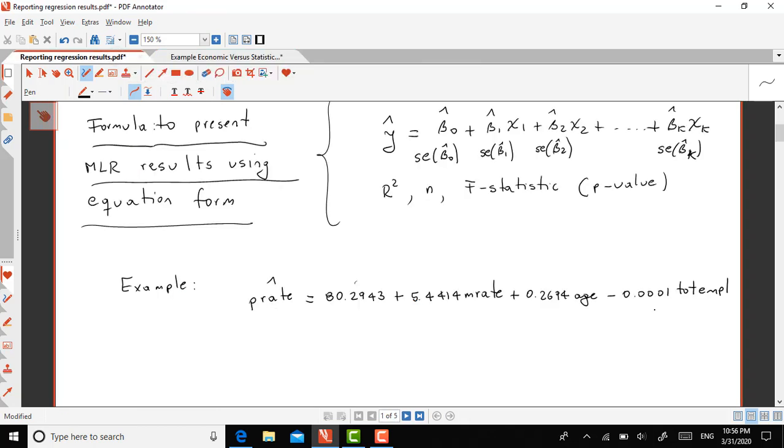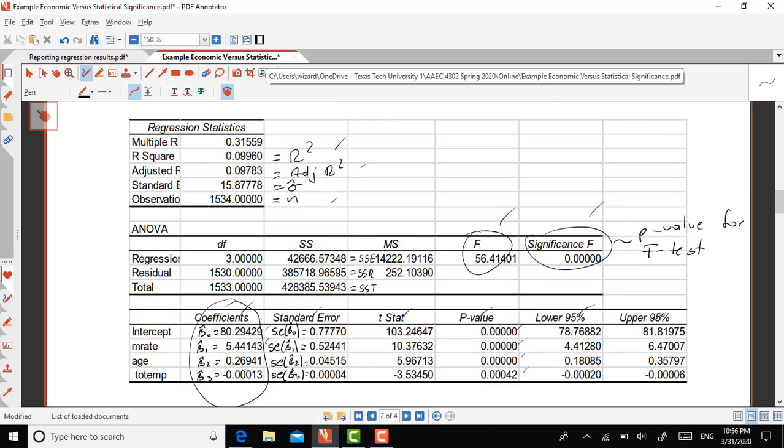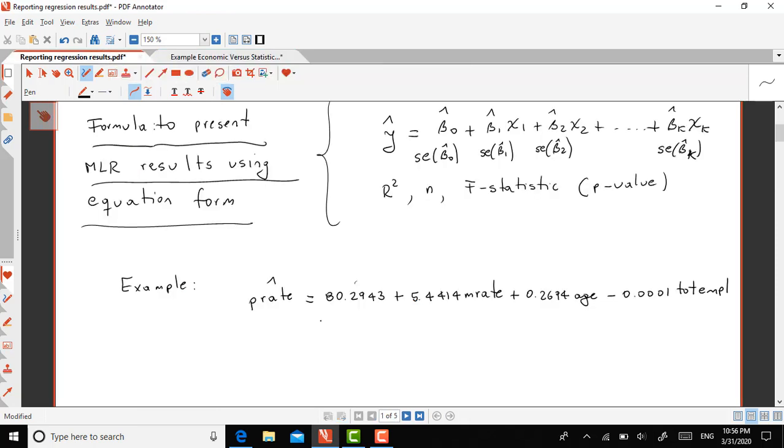And I decided to use just 3 decimals. Now the standard errors. So what's the standard error for the first coefficient? So we need the standard error for A, which is 0.777. So that's the value that I'm going to be placing here. Okay. So the second one, 0.5244. The third one, 0.0452.